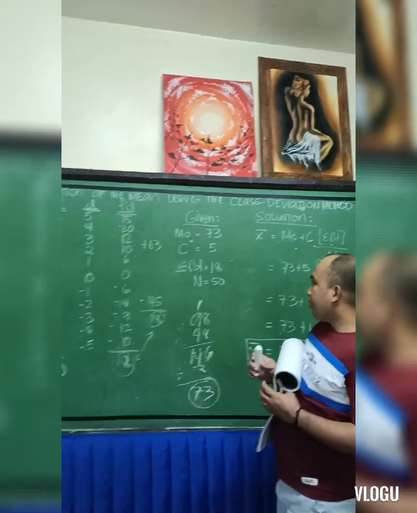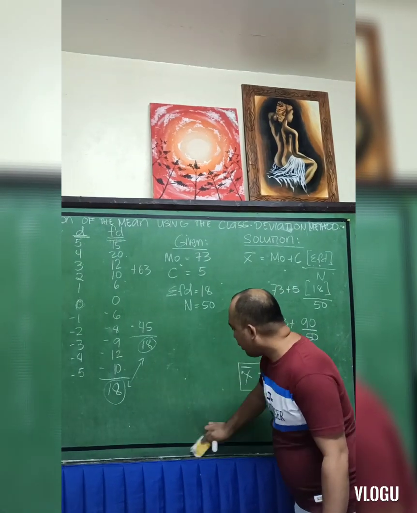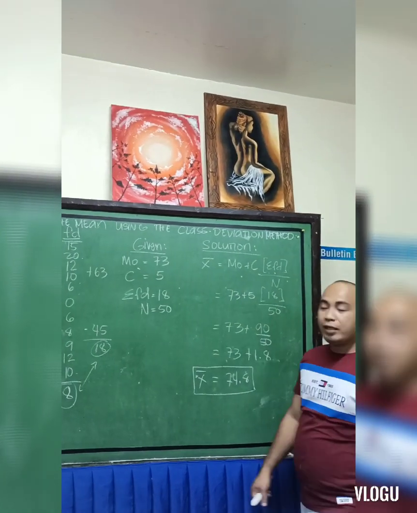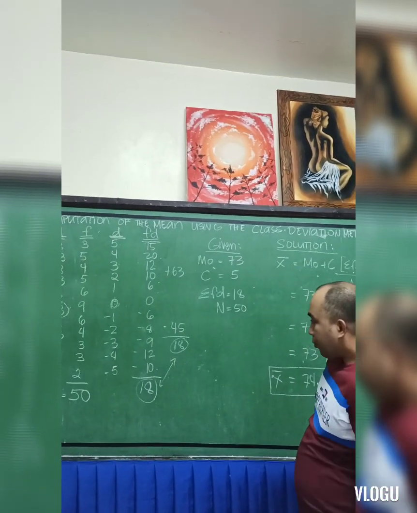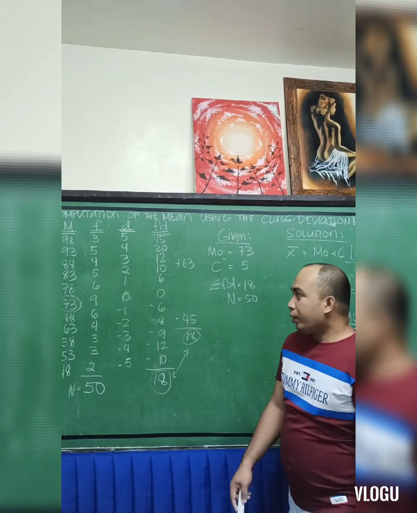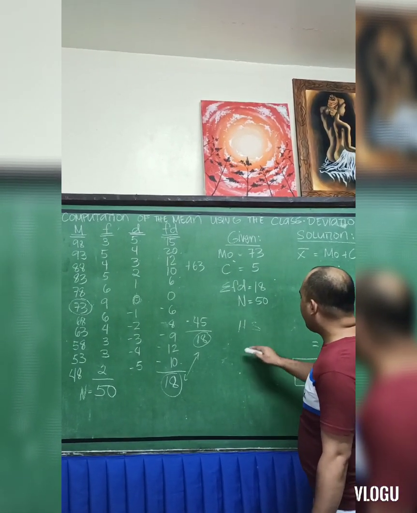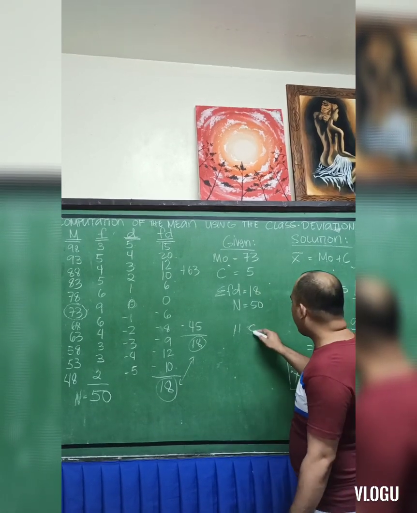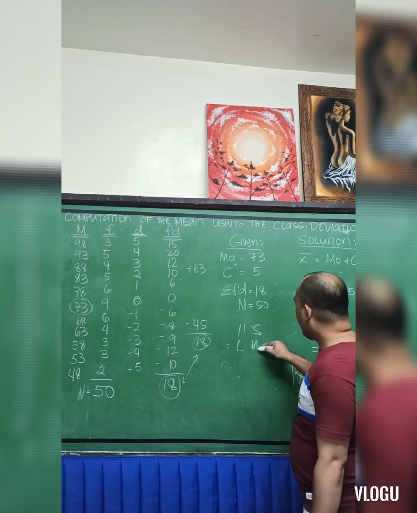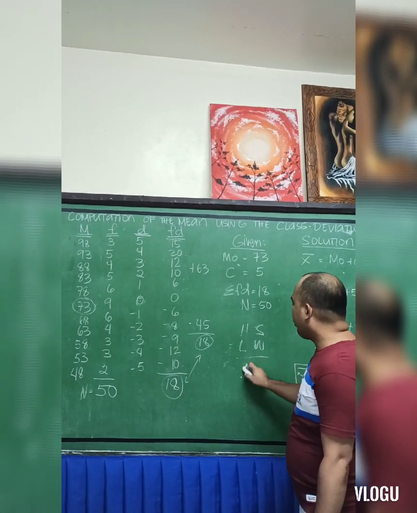So the class interval. How do we get the class interval? To get the class interval, we need to find the range first. We simply subtract the lowest score from the highest score, so we get the absolute range.